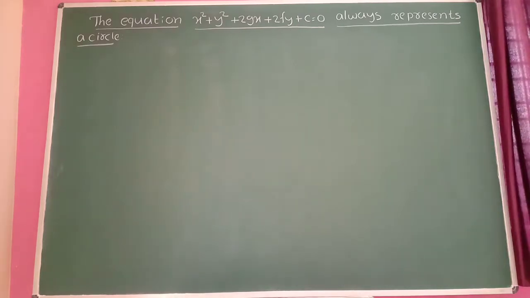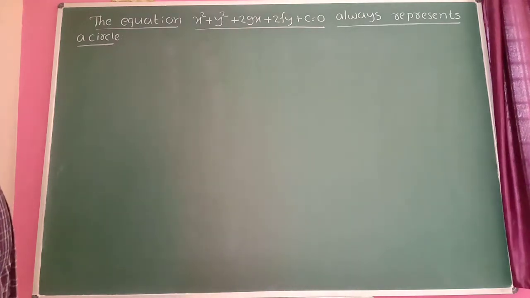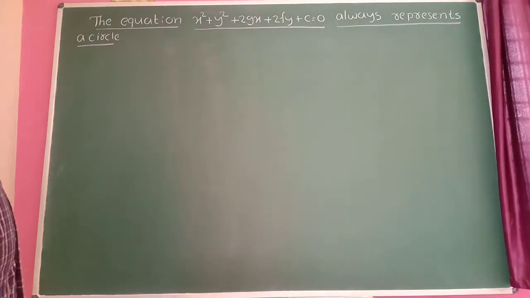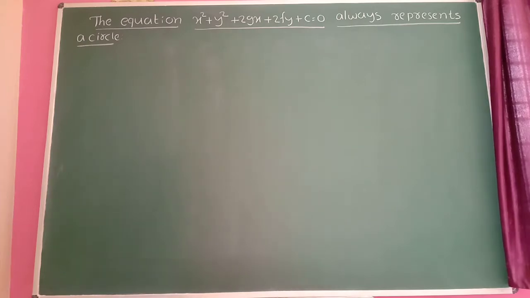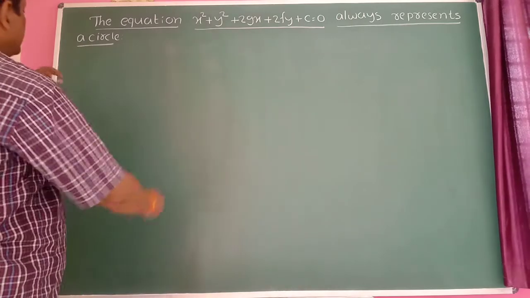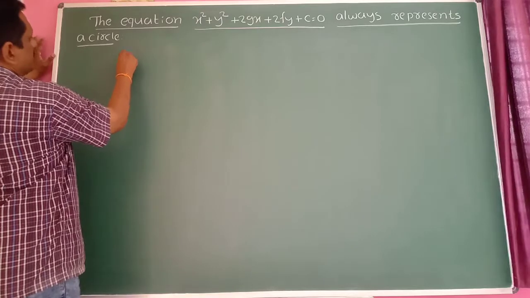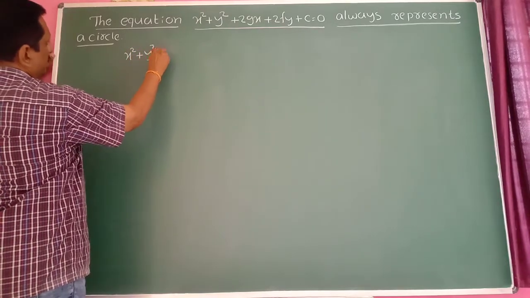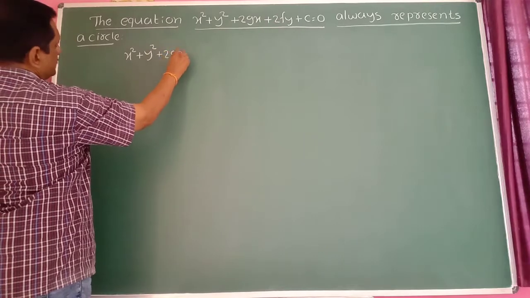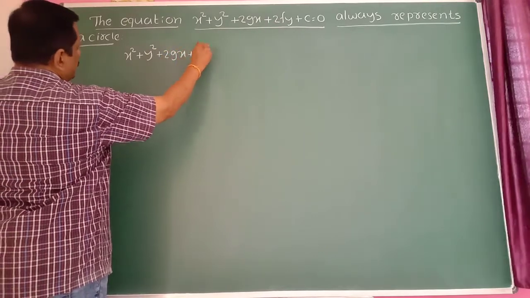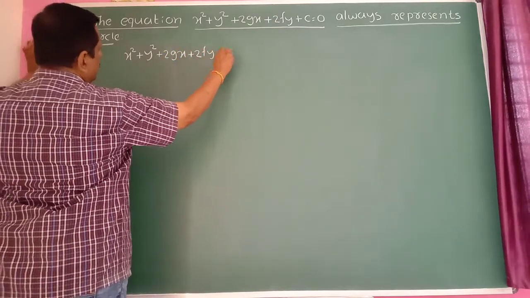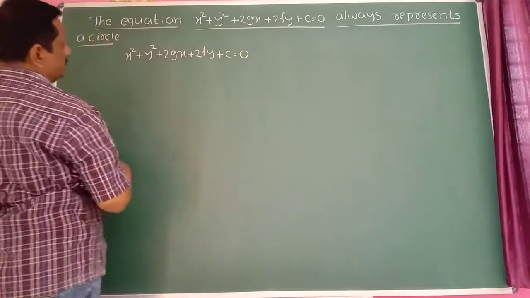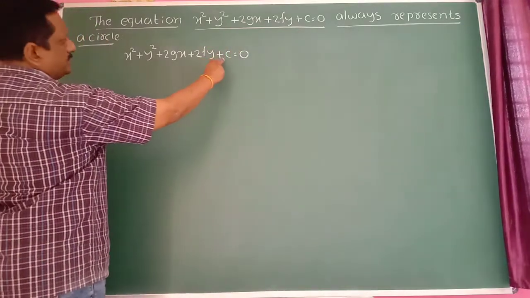The equation x square plus y square plus 2gx plus 2fy plus c is equal to 0 always represents a circle. So you can verify it here. Let us write the equation: x square plus y square plus 2gx plus 2fy plus c is equal to 0. Take c to the right hand side.